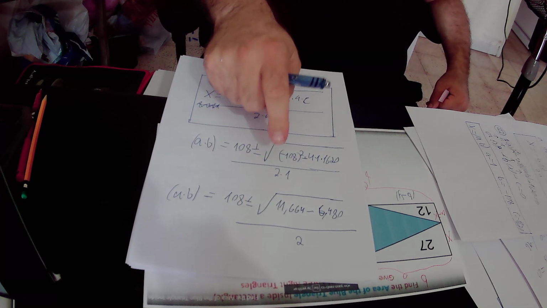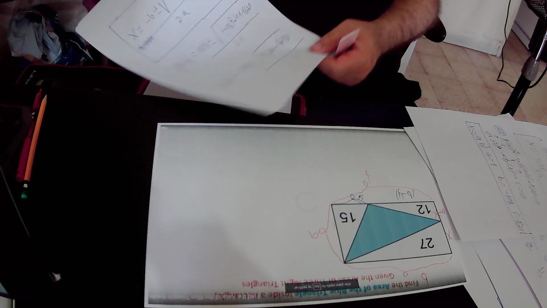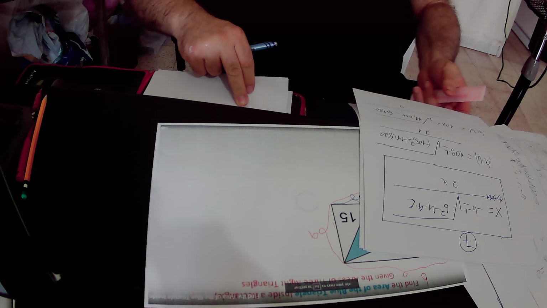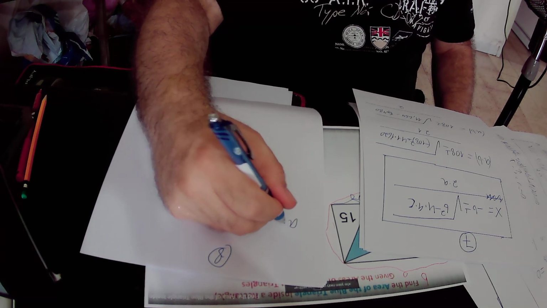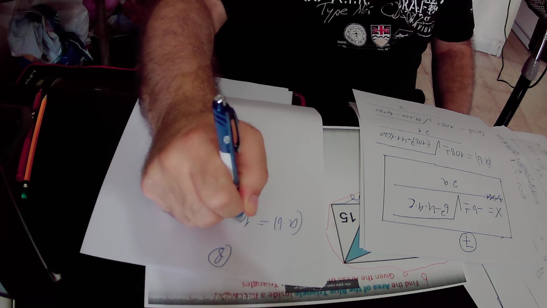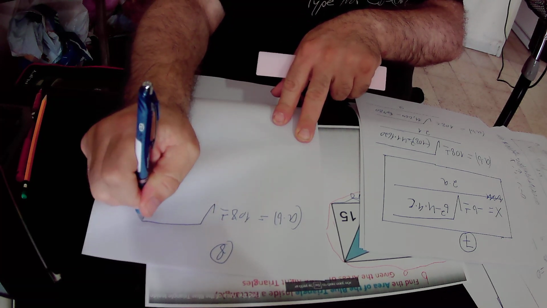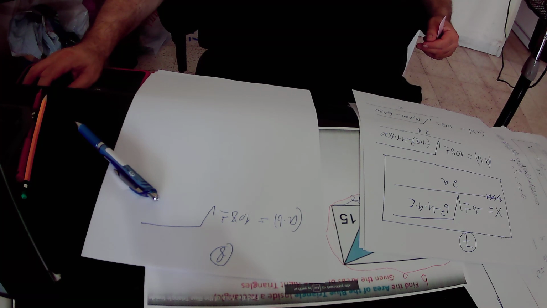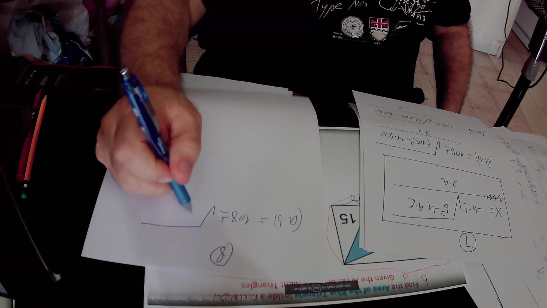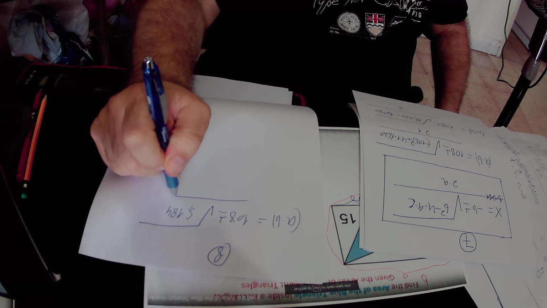So we subtract 6,480 from 11,664. We get that a times b equals 108 plus or minus the root of 11,664 minus 6,480, which equals 5,184, all divided by 2.